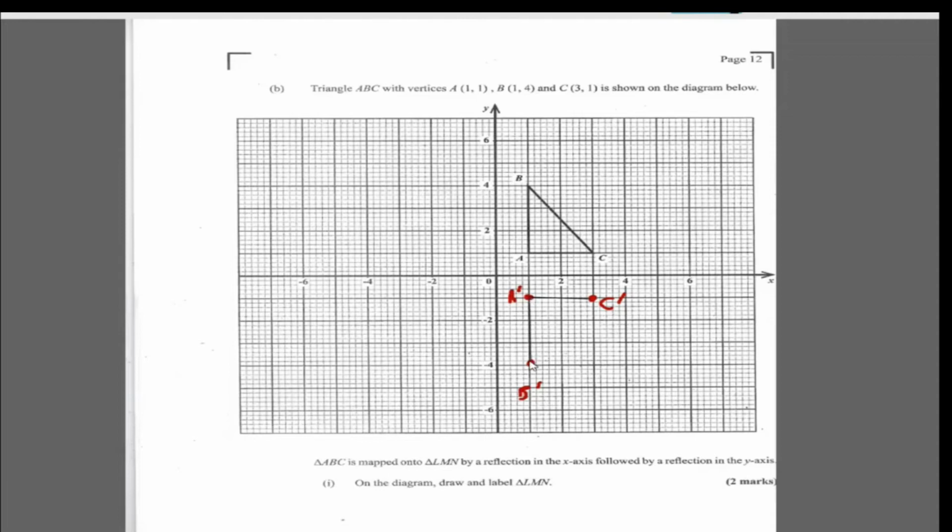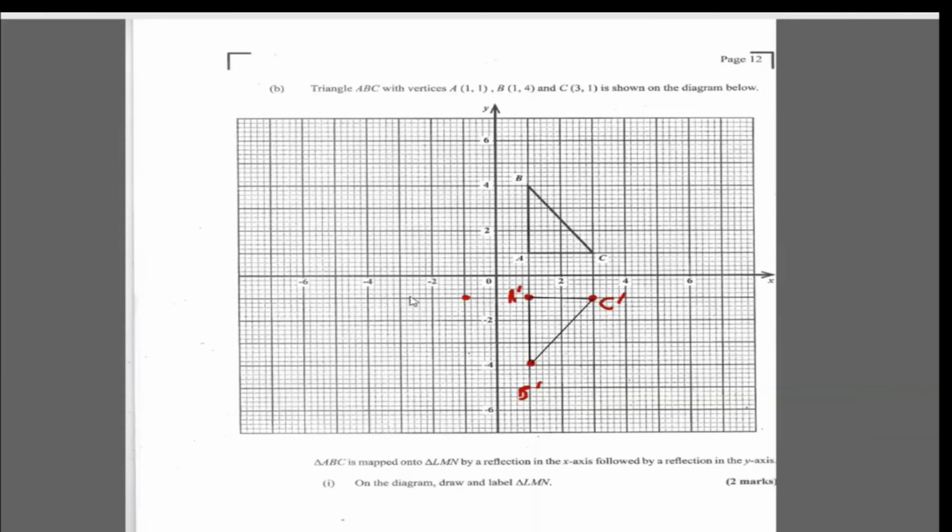Then the next part of the question says we're going to reflect it again, now in the y-axis. So we're going to reflect this over here. This is the y-axis. A prime is going to be here. C prime is going to be 1, 2, 3 away from it.